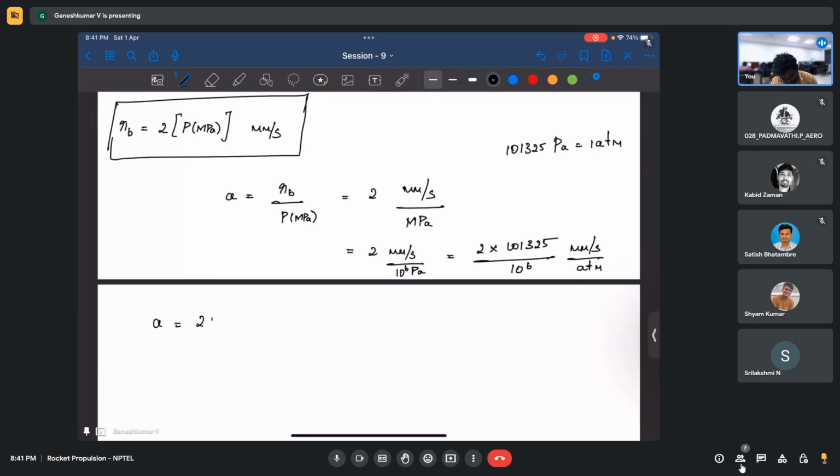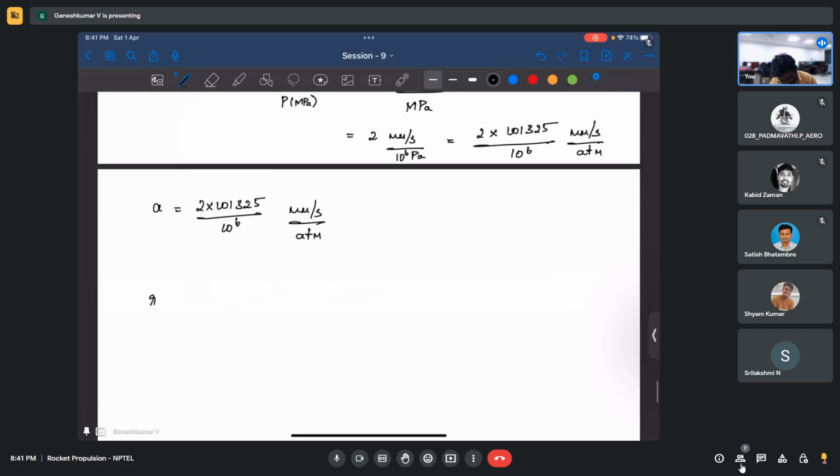A is going to be 2 into 101,325 divided by 10 power 6 millimeter per second divided by atmosphere. Now you have to find RB, which is A70 you want to find, which is going to be this A modified, maybe we can put dash here, A modified times pressure, which is in atmospheres.